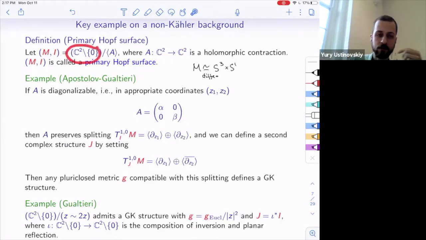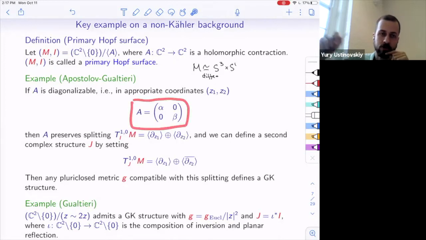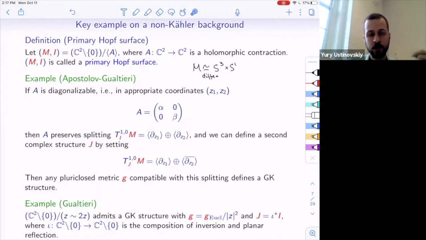It means that in appropriate coordinates on C2 minus the origin, you can pick coordinates Z1 and Z2 for which A is just a diagonal matrix acting by linear contractions of the ambient space. In this case, this operator A preserves the natural splitting of the tangent bundle which you have. So you have the Z1 direction and you have the Z2 direction. These directions are preserved by the operator A.